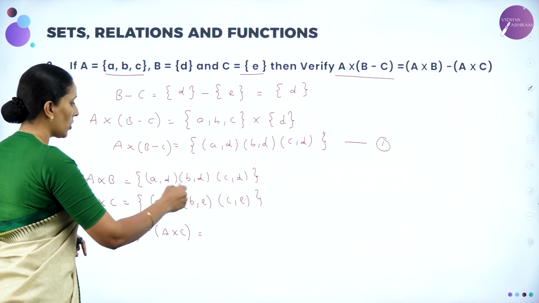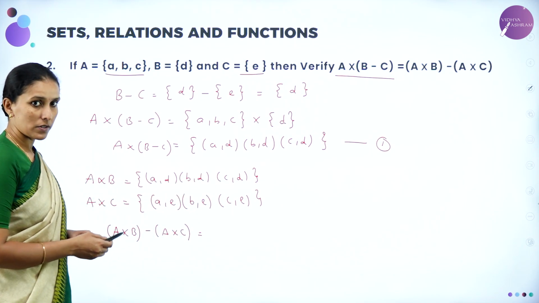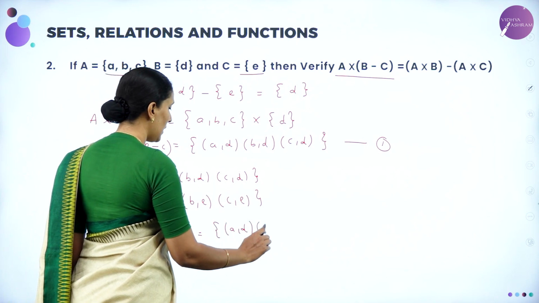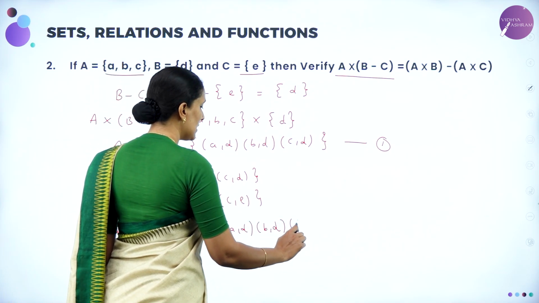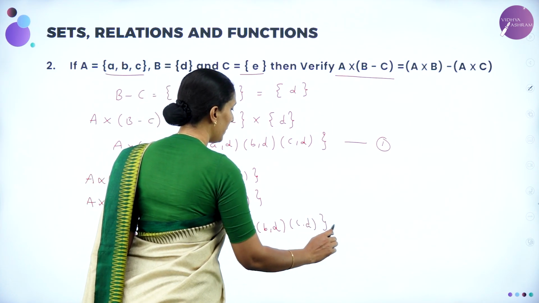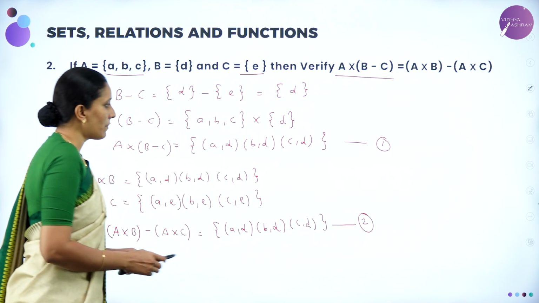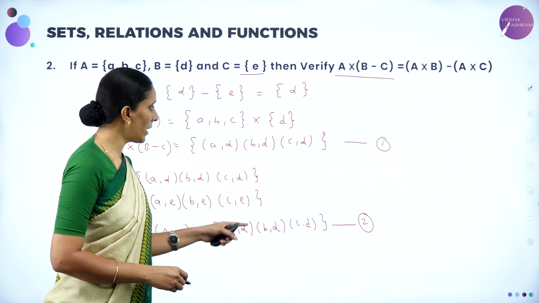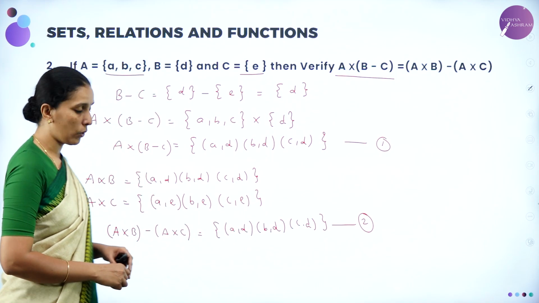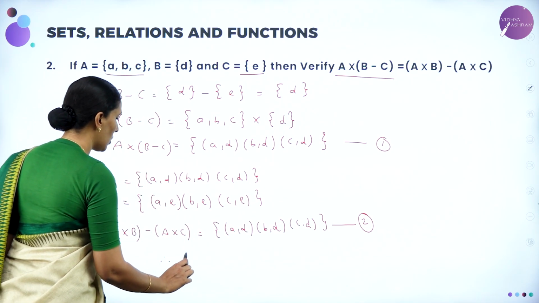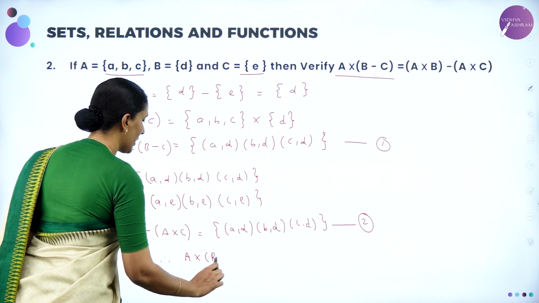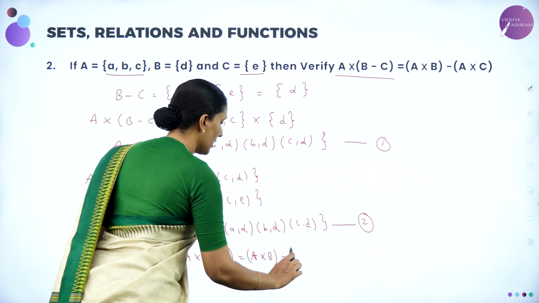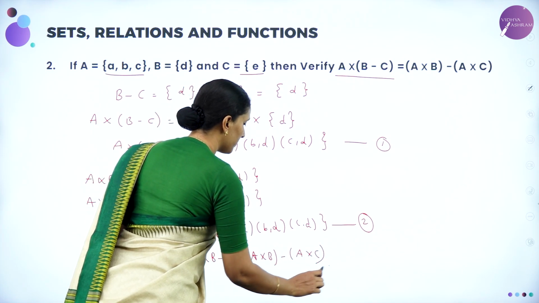All the 3 elements, because they are not repeated in A cross C. So obviously that is (a, d), (b, d) and (c, d). Let me take this as equation 2. Now observe equations 1 and 2. So we have the ordered pairs (a, d), (b, d), (c, d) in both the sets. So clearly we can conclude A cross (B minus C) is equal to (A cross B) minus (A cross C).